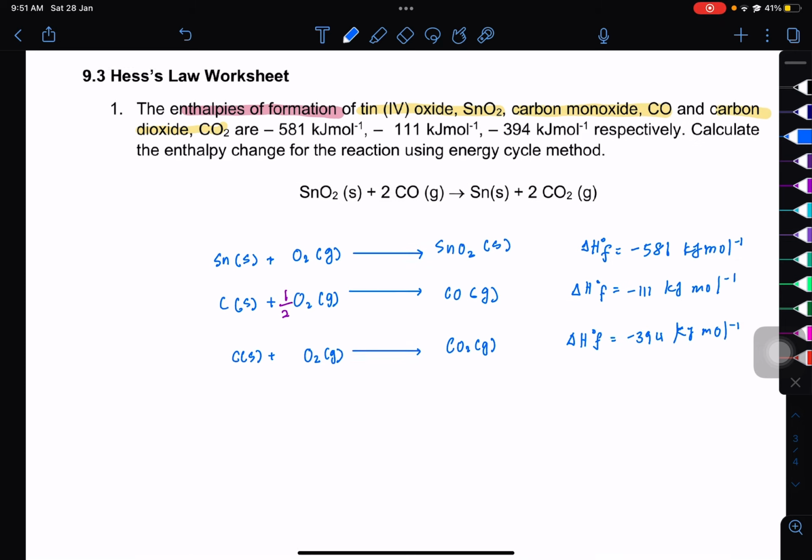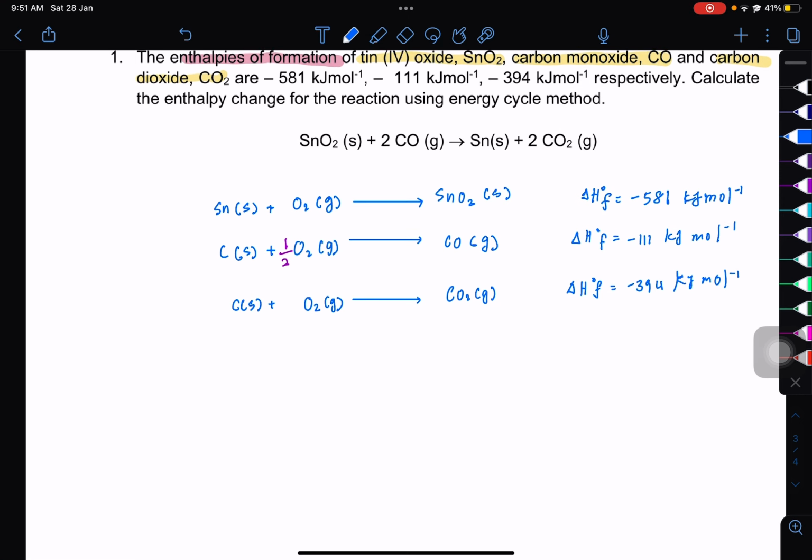Now, calculate the enthalpy change of reaction using the energy cycle method. But in this video, I will share 2 methods: the first is the algebraic method, and the other is the cycle method.